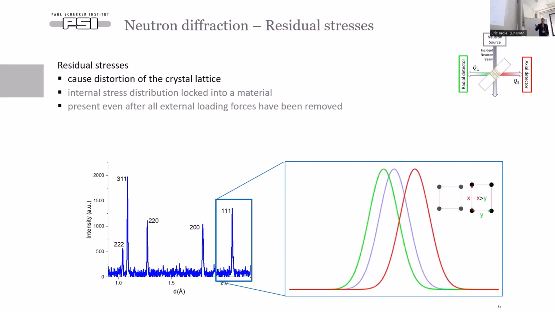But the moment residual stresses or any kind of stresses are imposed, you no longer have the perfect cube or square, but it gets prolonged in one direction and shorter in the other. That causes splitting of the diffraction peak, and what we basically measure is just this splitting of the peaks.